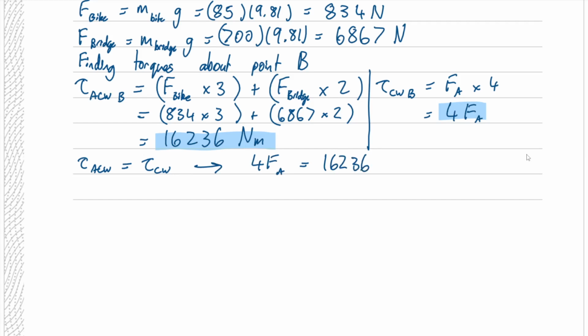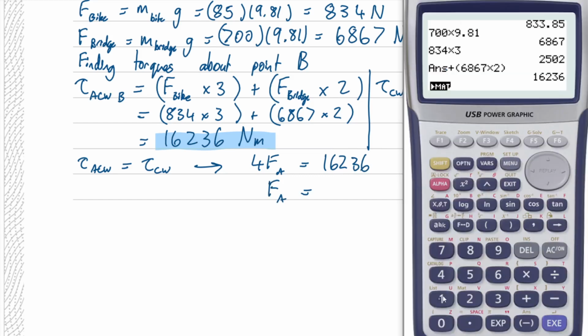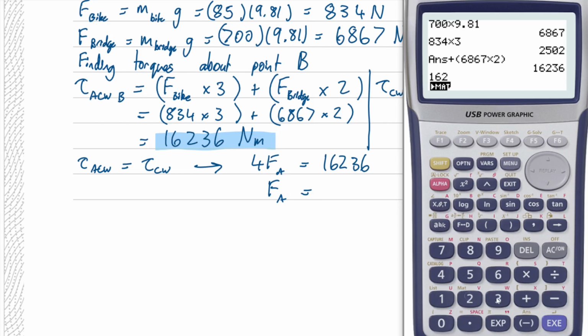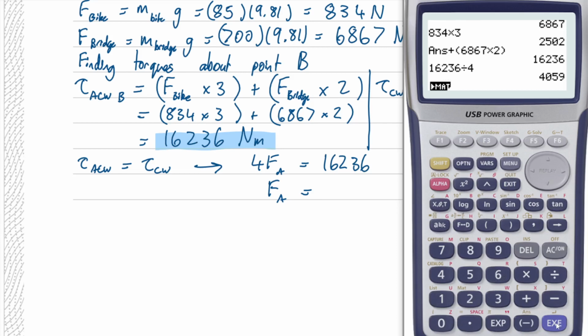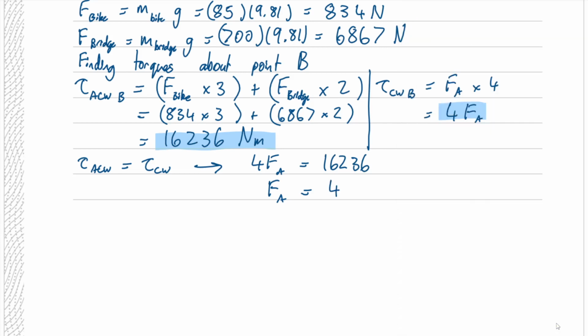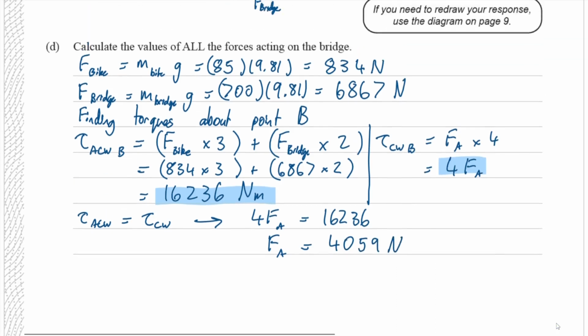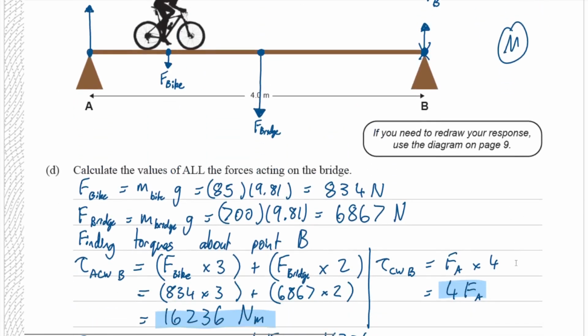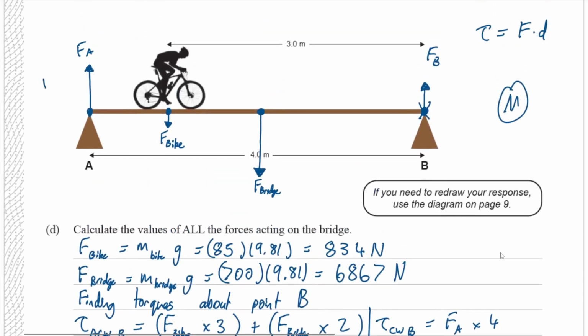And then in this case we'll divide both sides by 4 to solve for FA. So 16,236 divided by 4 is 4,059 newtons for force. Awesome. So let's label that up here, 4,059 newtons.